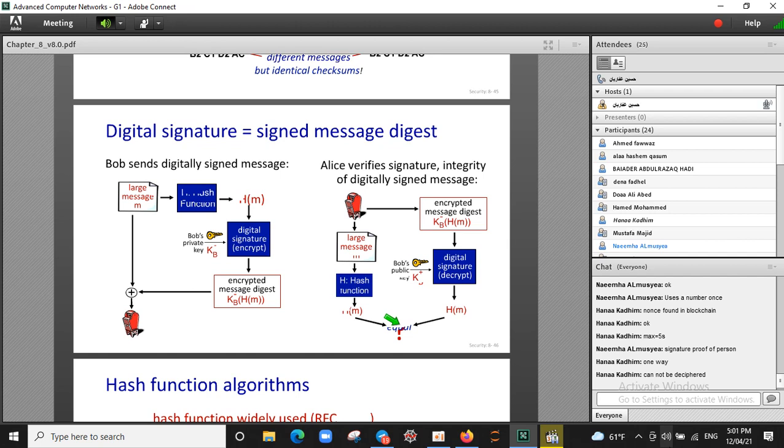If they are equal, the received message is correct. The received message has not changed during the pass along the internet, it was not altered.